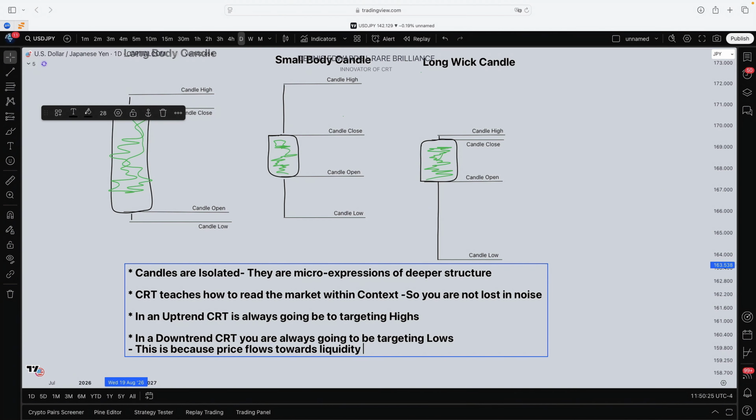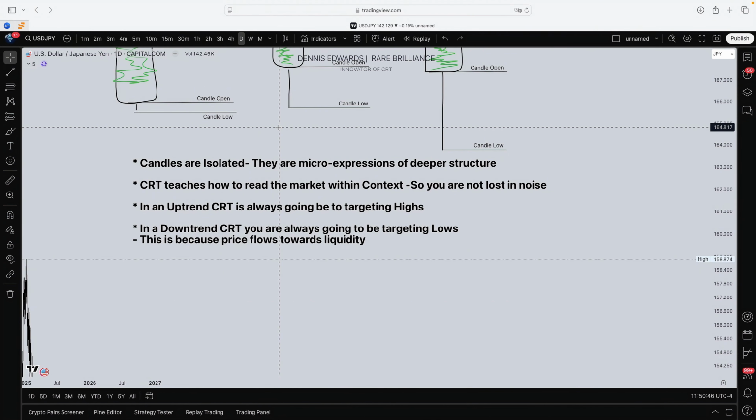Now, to build up off of this, what you're going to have to do to understand it even deeper is you're going to begin to think beyond the candle because context is everything. Okay. What I simply mean is you're going to have to think of things like this.